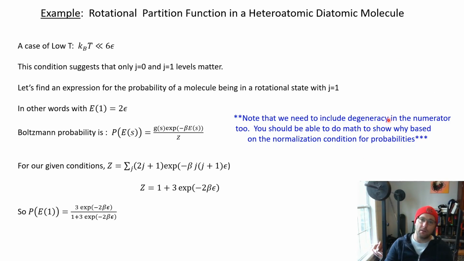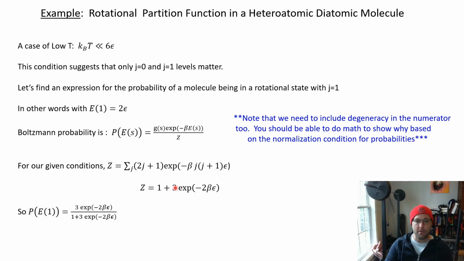So this is a specific example that we're doing, but I'm also writing down for you here a very generic expression for how to work with Boltzmann probabilities when there are degeneracies present in the spectrum. For our given conditions, we can write out the partition function as before, and plugging in only the J equals 0 and J equals 1, we get two terms. We get a 1 from the J equals 0 case, so that's just e to the minus 0.